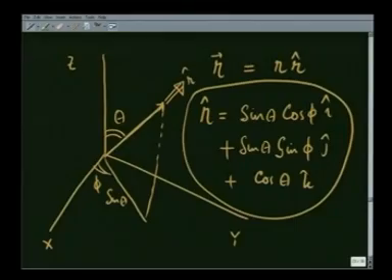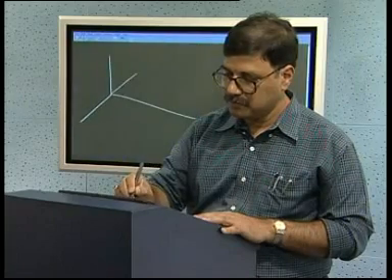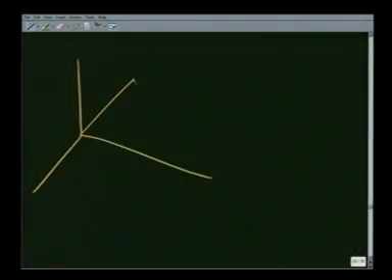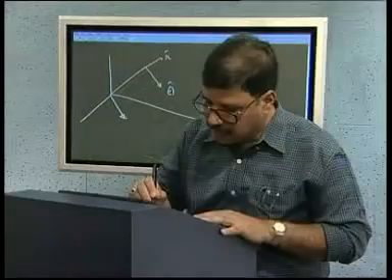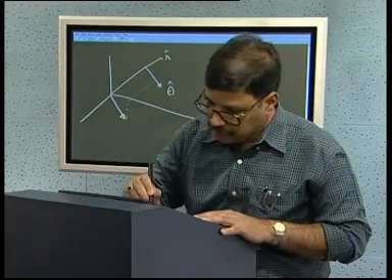How about the unit vector in theta direction? Unit vector in theta direction is going to be like this. This is r, this is theta. If I transport it down, just to make it look easy, this is pointing down from the plane of x and y axis by an angle theta, because this angle is theta.